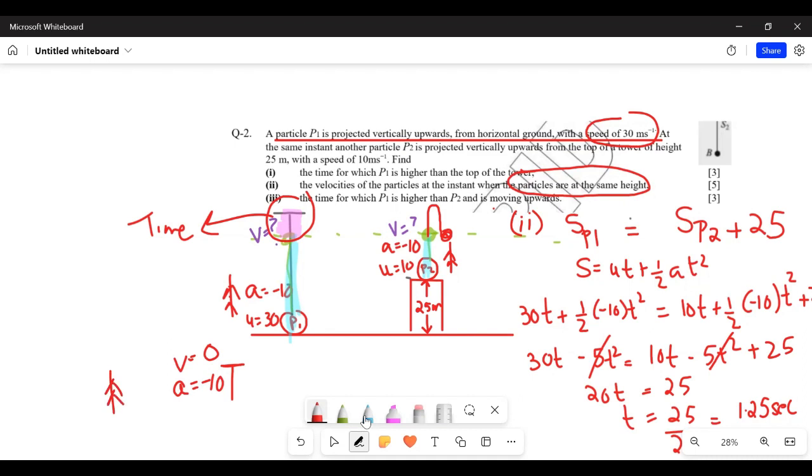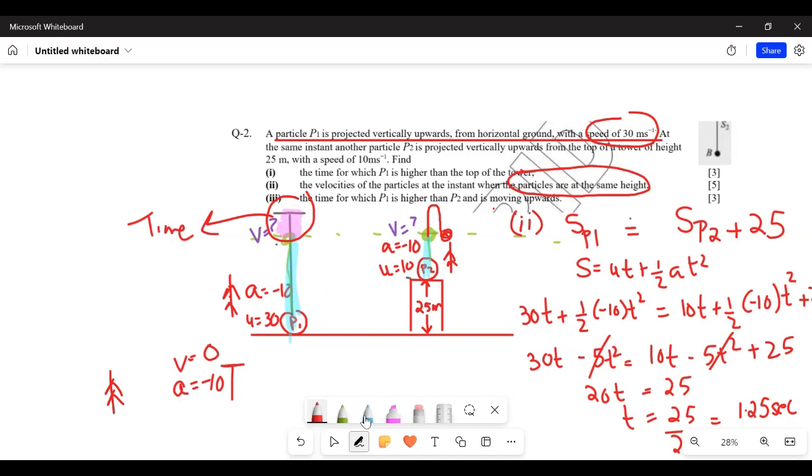And do we have anything else? Do we have u? No, we don't have u in the pink region. We have u at the bottom. Then we don't have s either, but we can find s by taking v is equals to 0, but I think that would make it harder. इसका कोई आसान तरीका होगा.